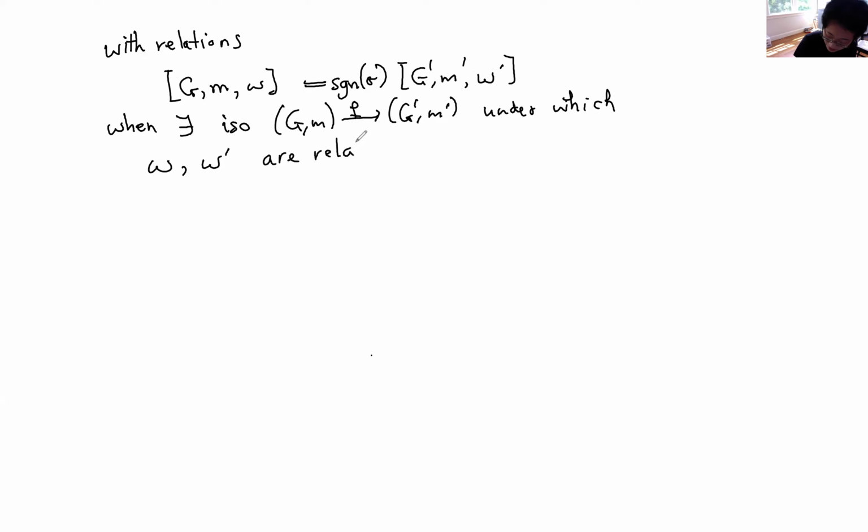I could write this as a commutative square, but I'm just going to write it in English. So omega and omega prime are related by permutation sigma. This is a permutation of the numbers 0 through P.